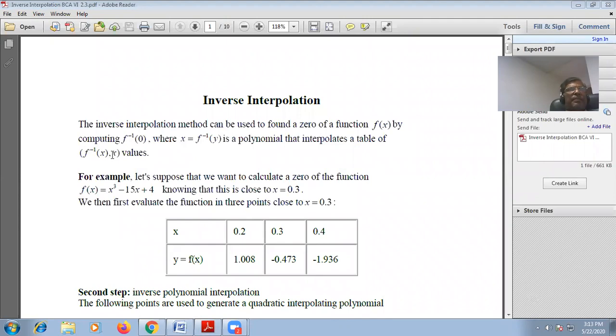Means this is what? This is the value of x. This is the inverse result and this is the x. For example, let us suppose that we want to calculate a zero of the function.